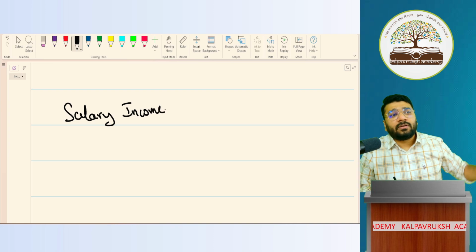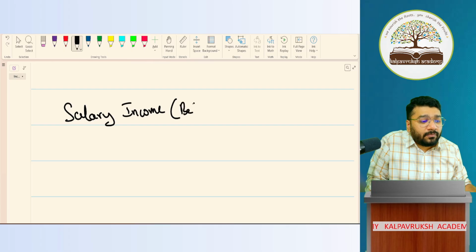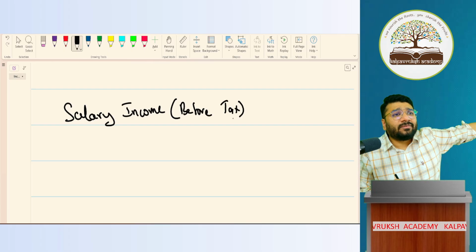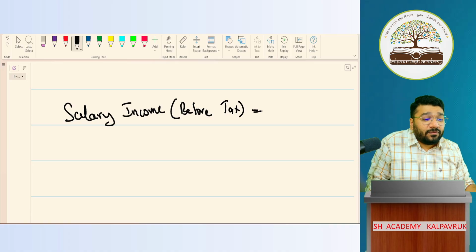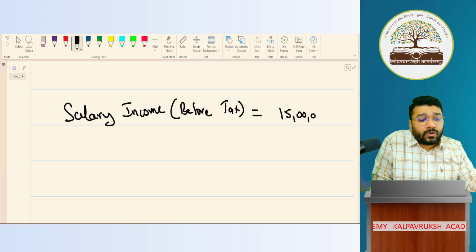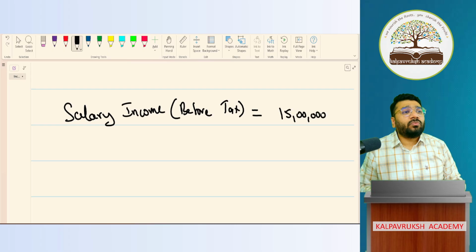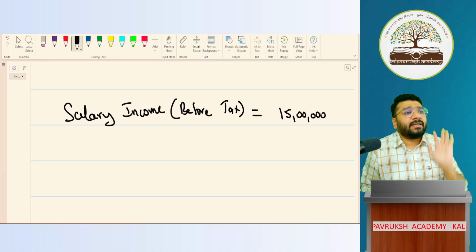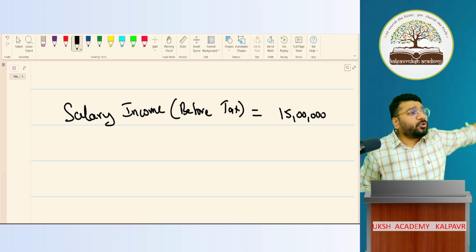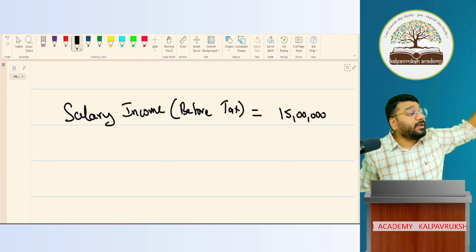Salary income, 15 lakh. This is before tax, because the tax is cut later. So what is the salary before tax? 15 lakh rupees. Very good. Imagine this person has to pay a tax of 30%. He has to give 30% of this money to the income tax department.